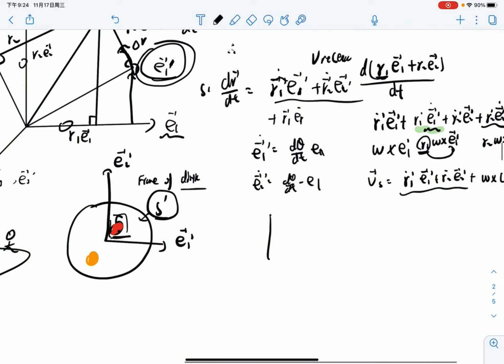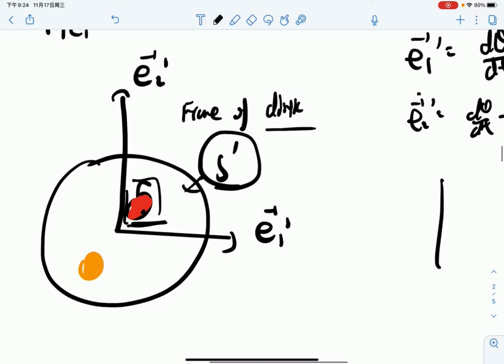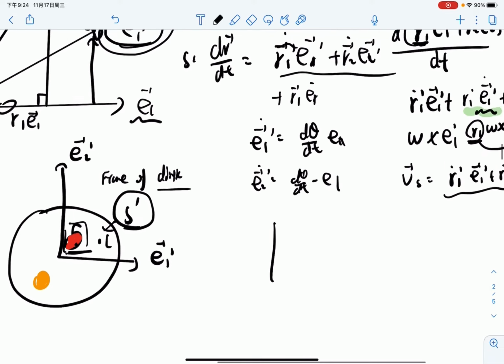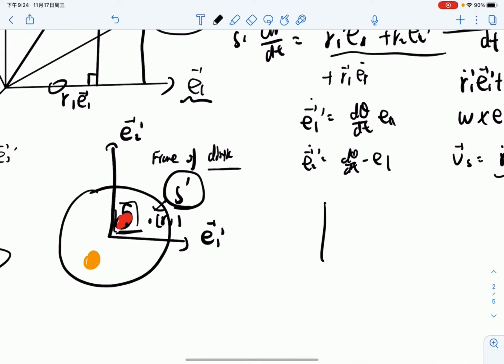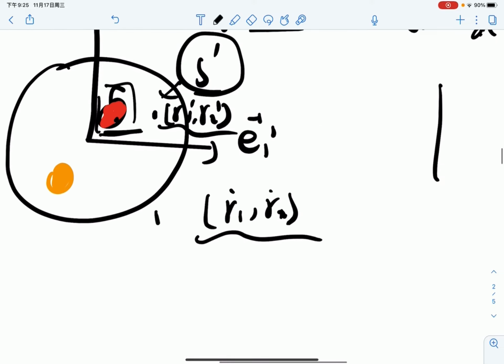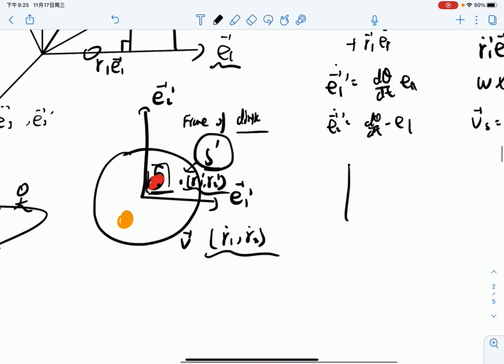So you can see, for this point, we can describe it as R1, R2, and this is the coordinate system. So taking the derivative, we can see this is like the velocity in the frame of the disk.